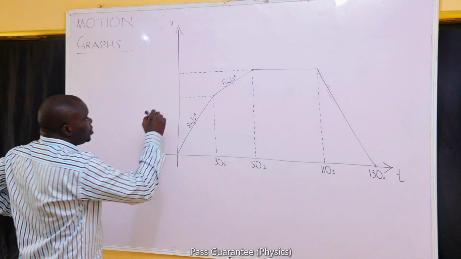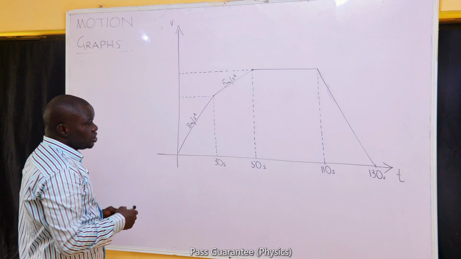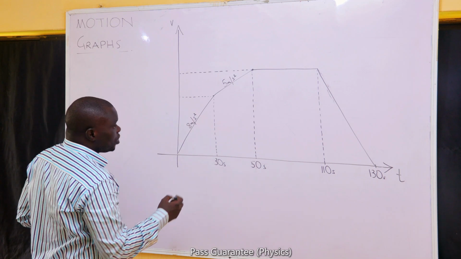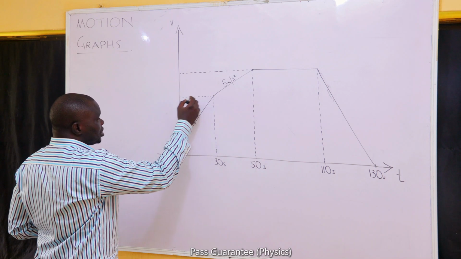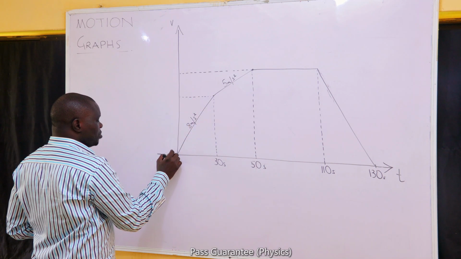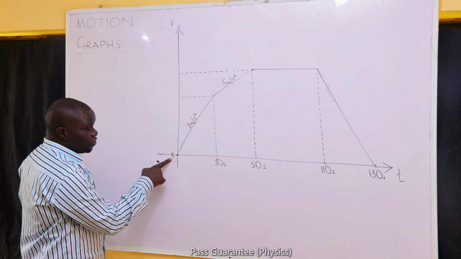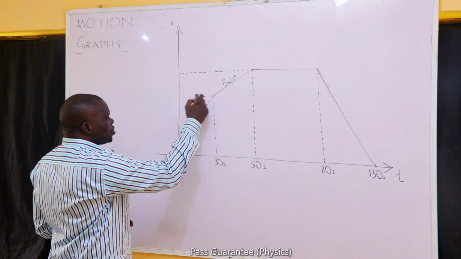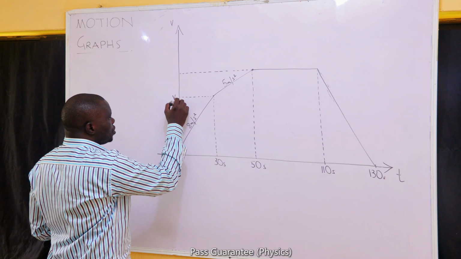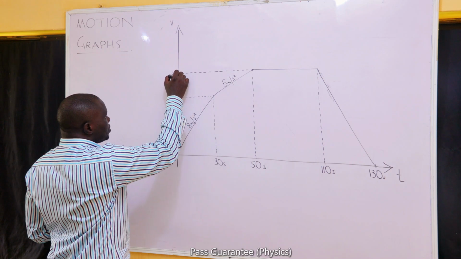Mind you, I don't know the velocities. I now need to indicate the velocities at each point. After the first acceleration, it's starting with this velocity. Let me call it V1. That's the velocity at the rest position. V1 is obviously 0. It's getting to velocity V2, then velocity V3.